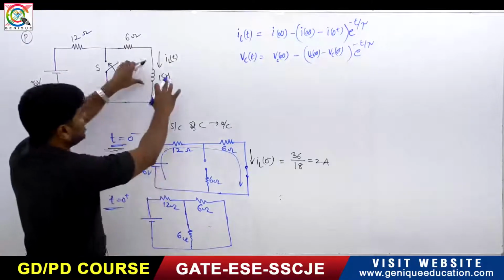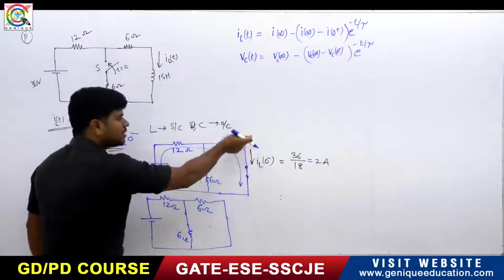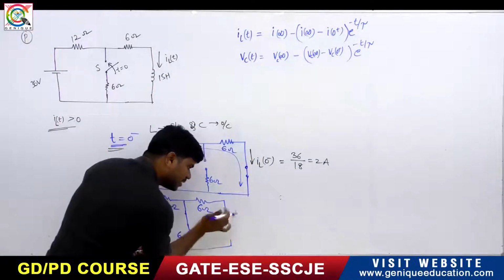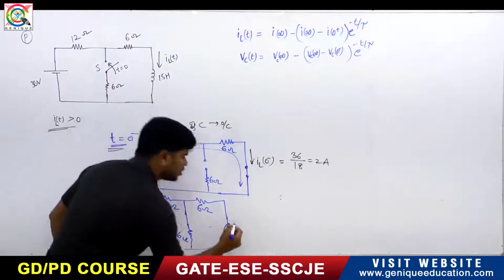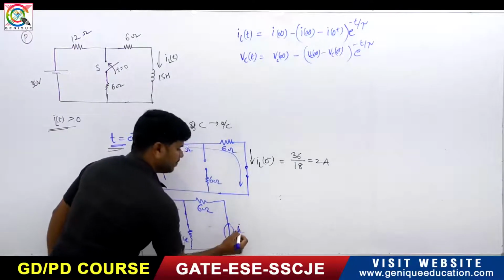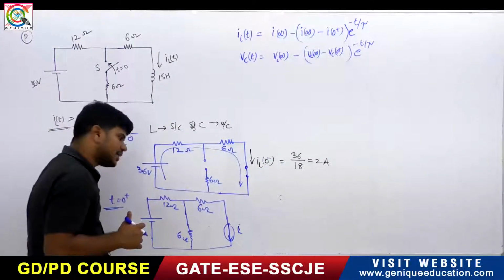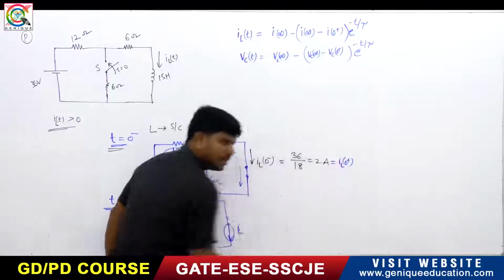What is this? It is 6 ohm. But at t equals 0 plus, the inductor is replaced by a current source. So this is IL of 0 plus. IL of 0 minus is equal to IL of 0 plus, right?